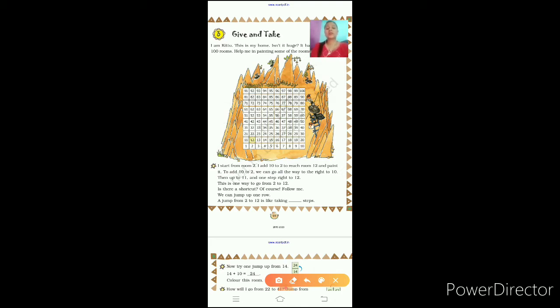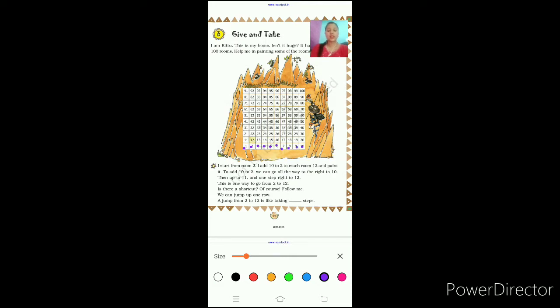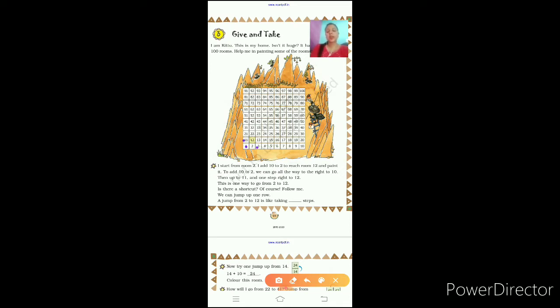Just count the number of columns here. 1, 2, 3, 4, 5, 6, 7, 8, 9, 10. So there are totally 10 columns. It means when your position is 1 and you add 10, your next position is 11. If your position is 3 and you add 10 more, your next position is 13, because the total number of columns is 10.